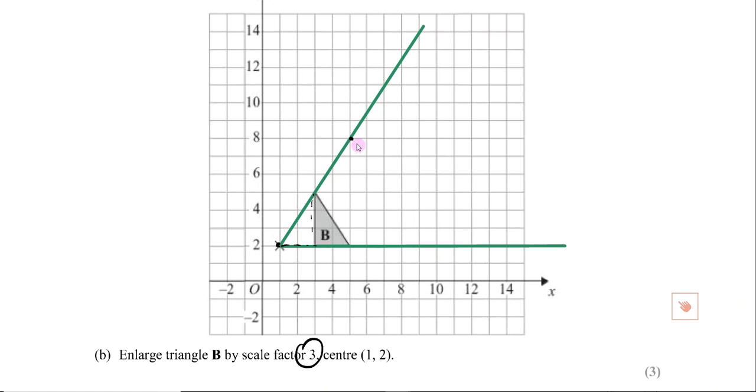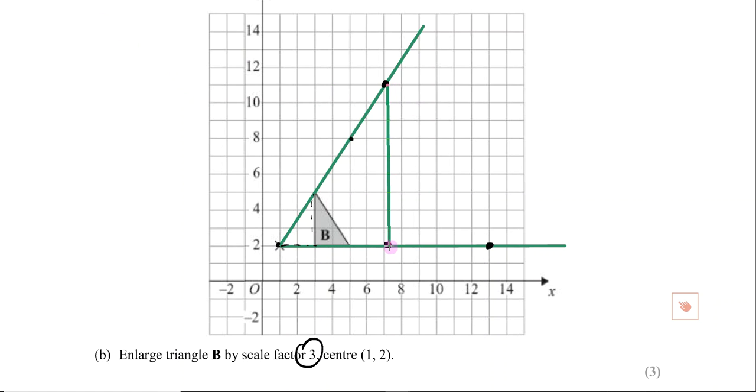Check I'm still on my line, all right. 2 across, 3 up. So that is my new point. Okay, and as you said, that's actually a distance of 9. Right? And now I know that this point has to be straight underneath it. This distance is 2, so it needs to be 6. So there's my new shape.